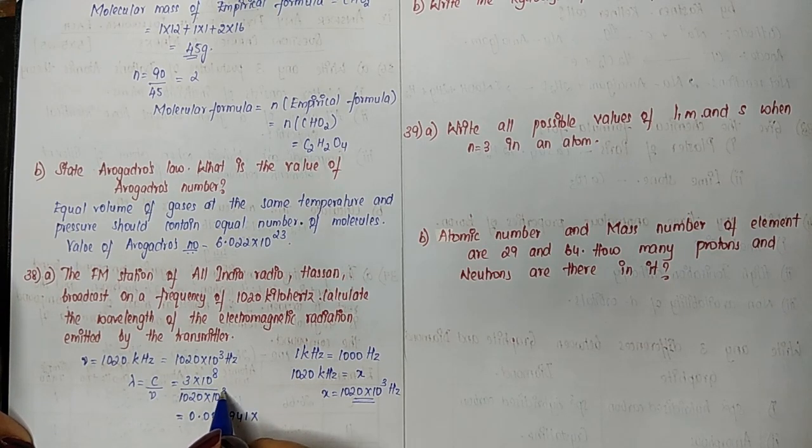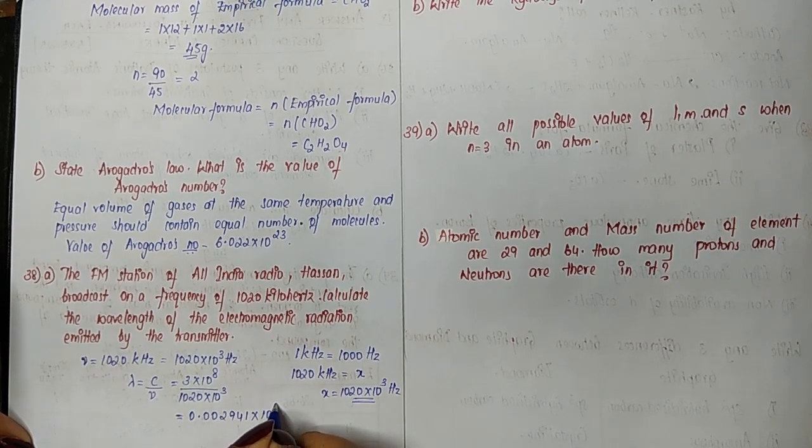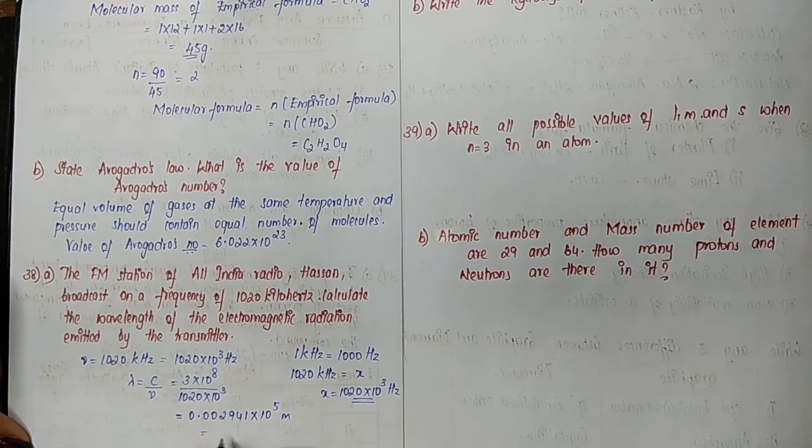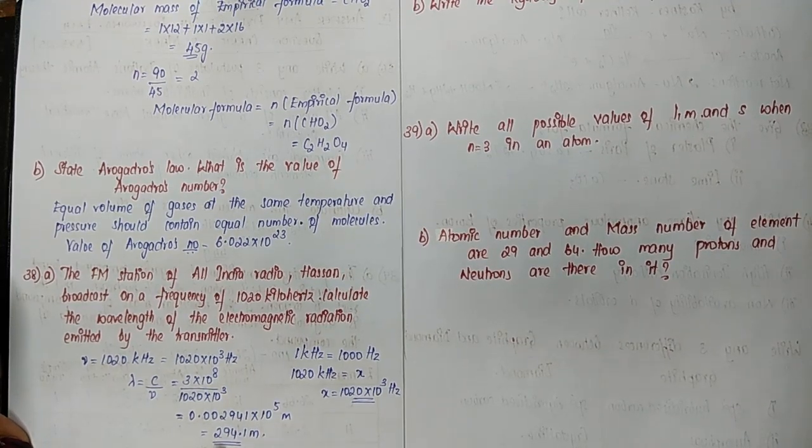When it goes up, it becomes minus 3. So that will be 10 to the power 5 meters. When you shift the decimal, you're shifting 1, 2, 3, 4, 5. So the entire power goes off. So 294.1 meters. And that is going to be the lambda value.